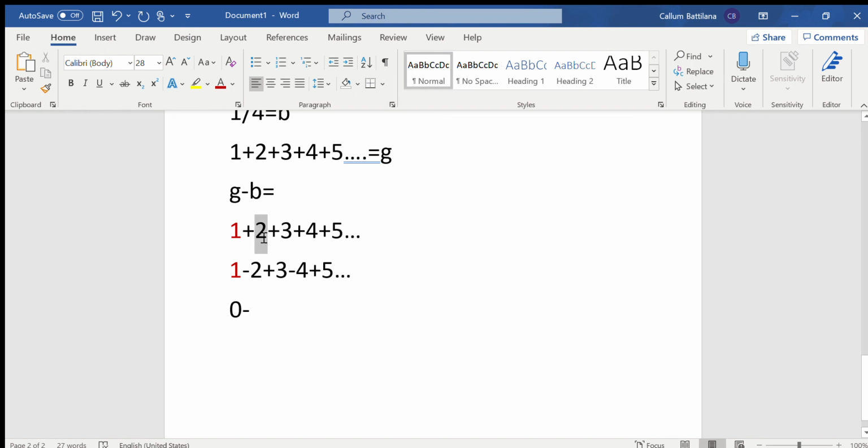Then 2 minus minus 2, so that's going to be equal to 2 plus 2, so that's going to be plus 4. We have 3 minus 3, so that's going to be 0, so plus 0.